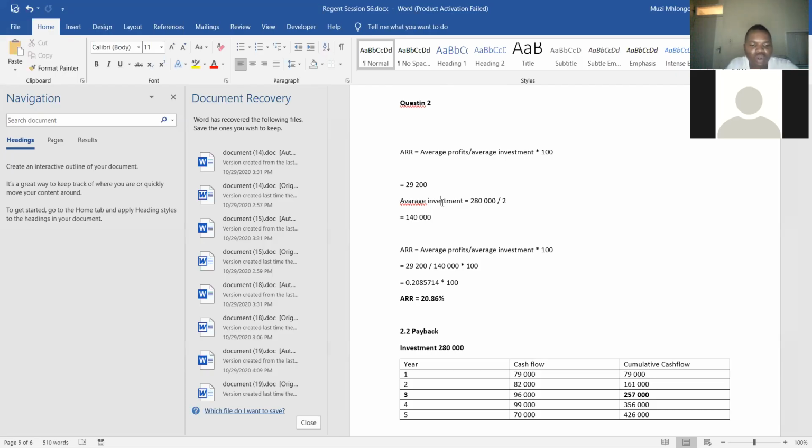I want us to go through that so that you can have a clear idea of what I'm talking about when it comes to converting cash flows to net profits. There is a perfect example there.